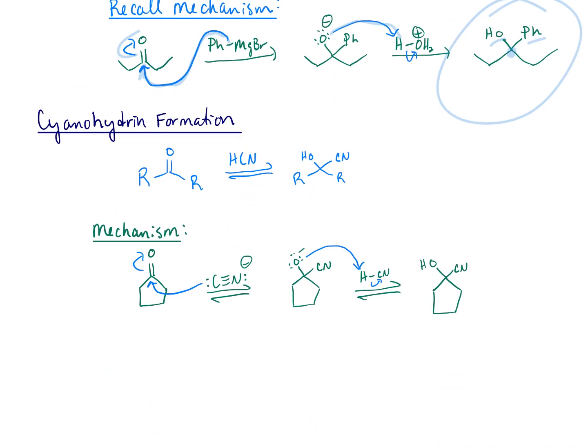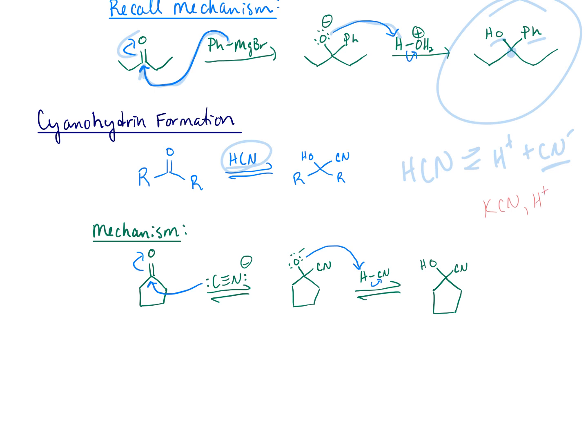You can also use what's known as a cyanohydrin. And basically all you're doing here is using HCN, remembering that HCN is something that is a weak acid that is undergoing equilibrium. So CN minus is present whenever you have HCN. Sometimes you see this reaction using KCN and some type of proton source. That's the same thing.